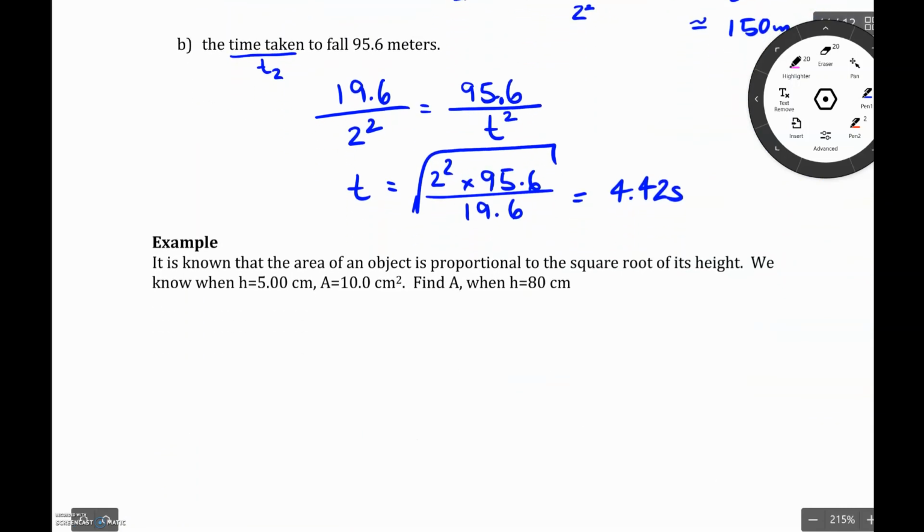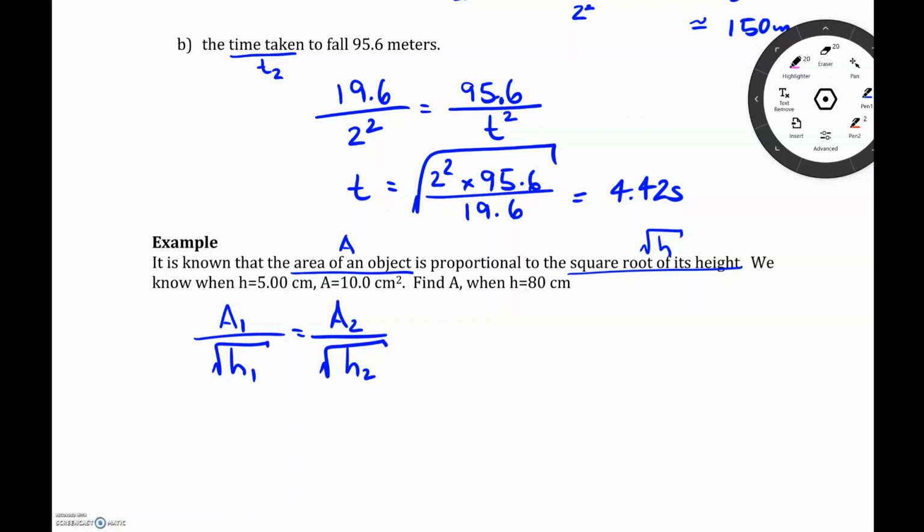All right. Now, here's your last example for direct variation. It is known that the area of an object, so let's call that A, is proportional to the square root of its height. So what do we know then? We know that A1 over the square root of H1 must be equal to A2 over the square root of H2.